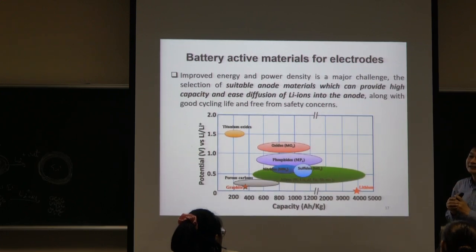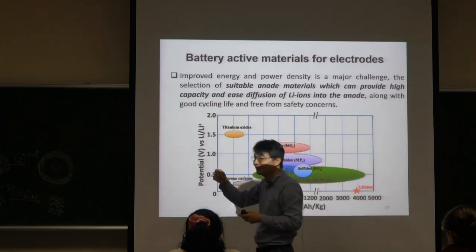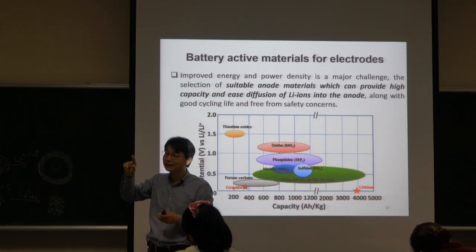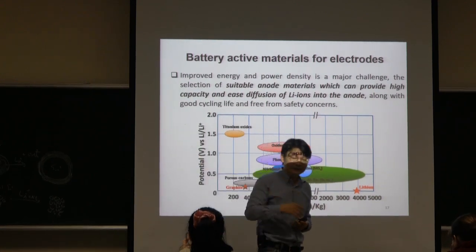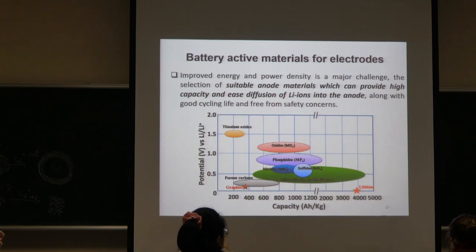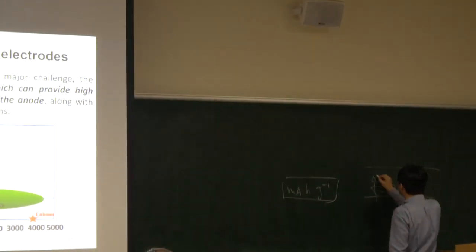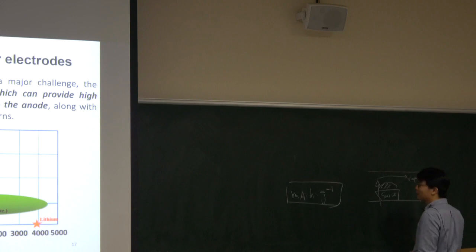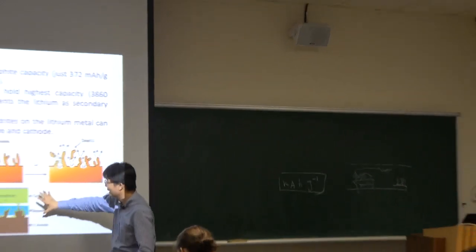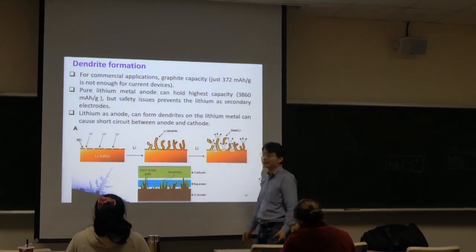Dendrite formation looks just like CVD, except that dendrite formation is driven by charge, because we apply electricity, so it charges and discharges. For CVD, we provide a vapor to the system: you have the source powder here, increase the temperature, and the vapor accumulates on the substrate and grows the material. For dendrites, we apply a bias, so you have charge and discharge, and of course it can grow.